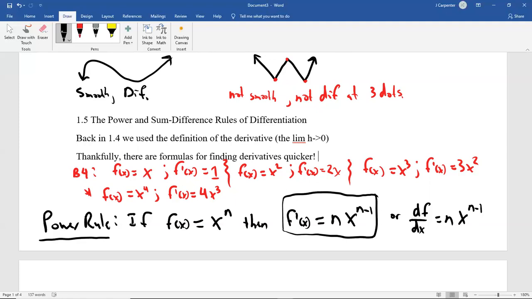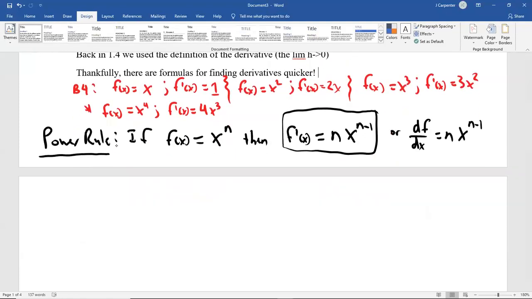Now, I want to give a couple of kind of special cases here. These are special cases because the power rule still applies. Let's say your function is just a constant. If your function is just a constant, so let's go with C. Actually, let's go with A, because I'm going to use the A later as well.